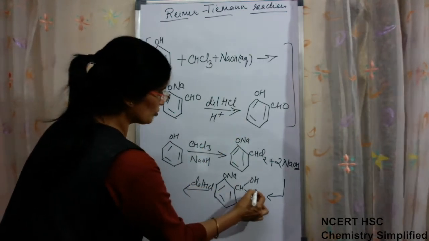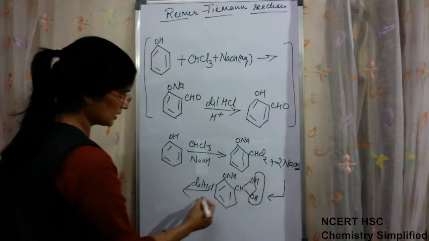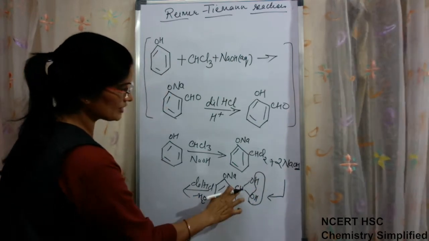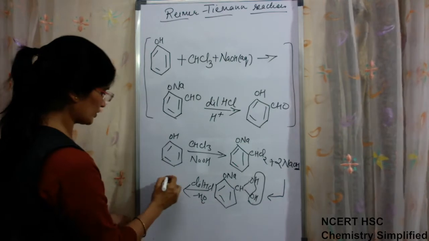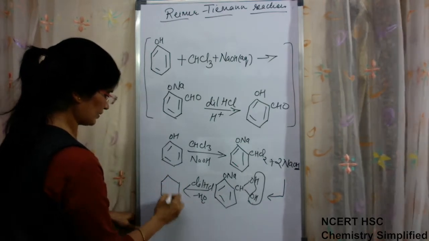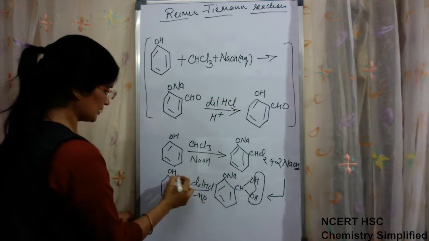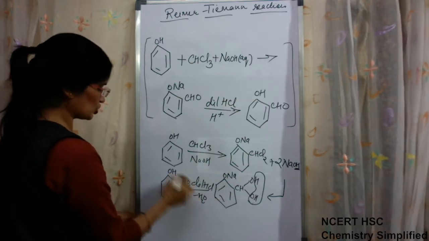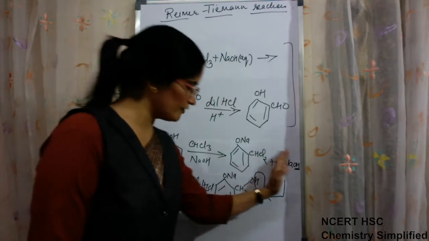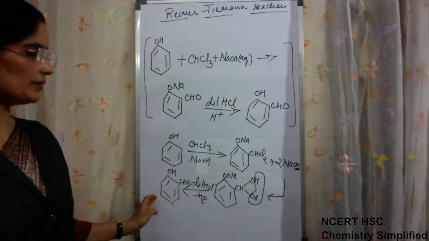That time a water molecule is lost, minus H2O, and what is left is CHO. So it will give OH, and this ONa is hydrolyzed and becomes OH CHO. This is the actual way by which the reaction is taking place.